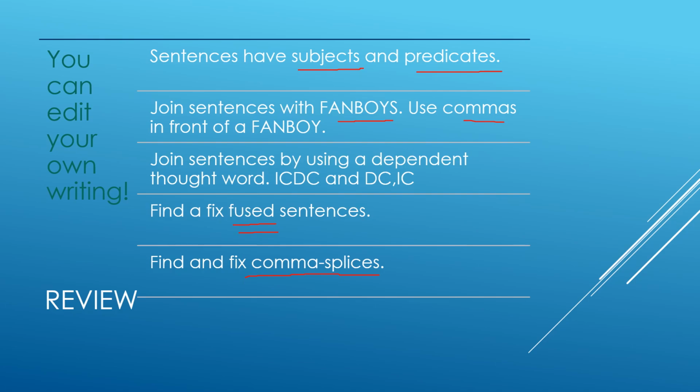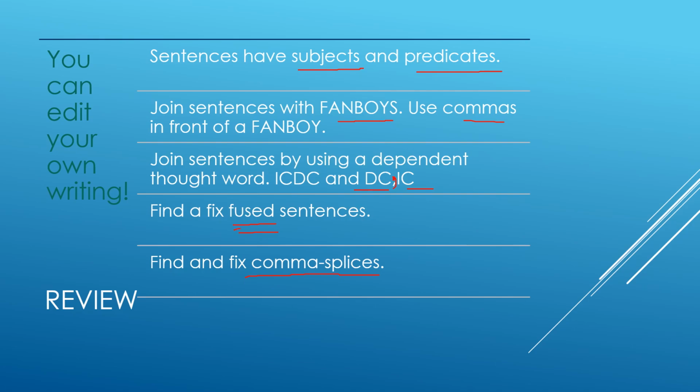The other thing you can do is join sentences by using a dependent thought word. We learned our Wabbits menu. And we can put the independent thought first, and then it flows into the dependent thought, or we can have the dependent thought first, and then we need to have a comma, and then have the independent thought. Okay? And then just to make sure everyone remembers, a type of run-on where there's no punctuation whatsoever, that's poor grammar.